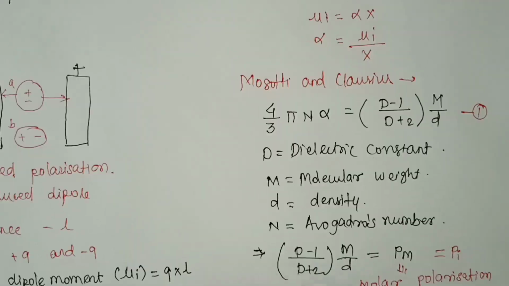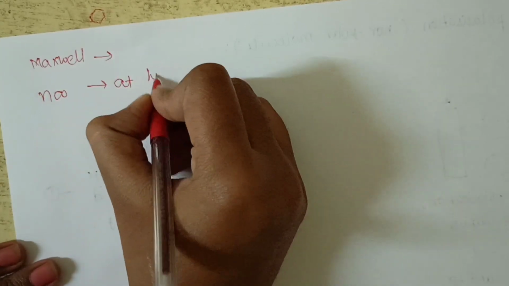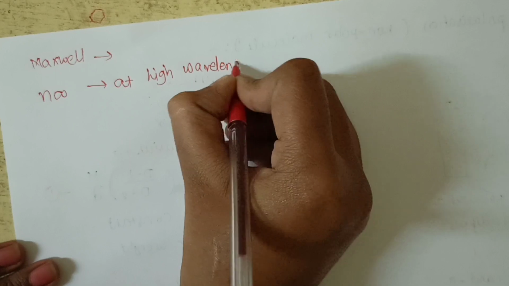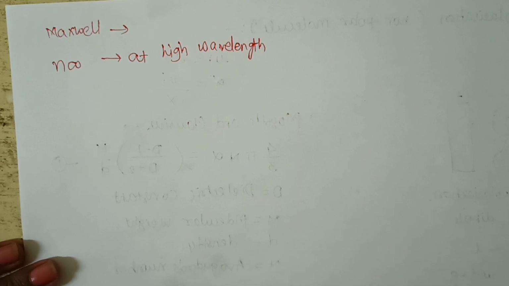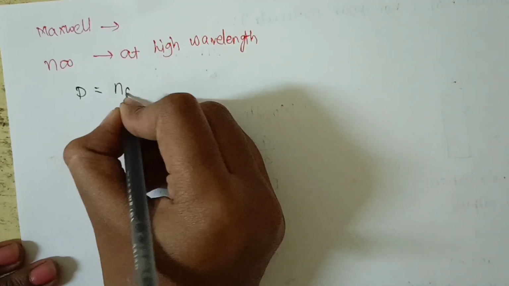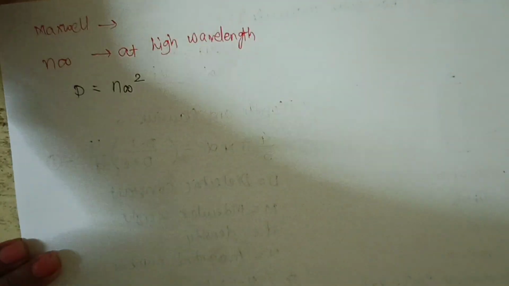Further, Maxwell showed that the refractive index of a medium at a high wavelength is related to the dielectric constant by the equation D equals n infinity squared. So for the induced molar polarization, with D equal to n infinity squared, we put this value in the equation.